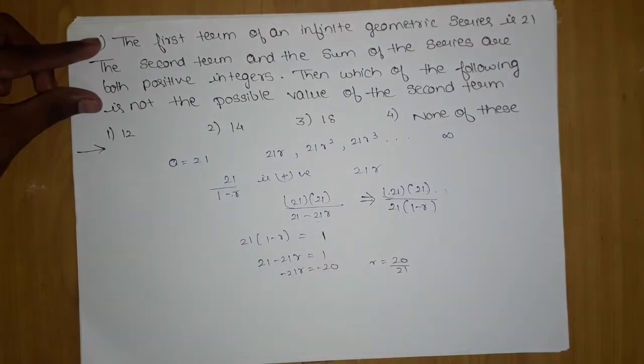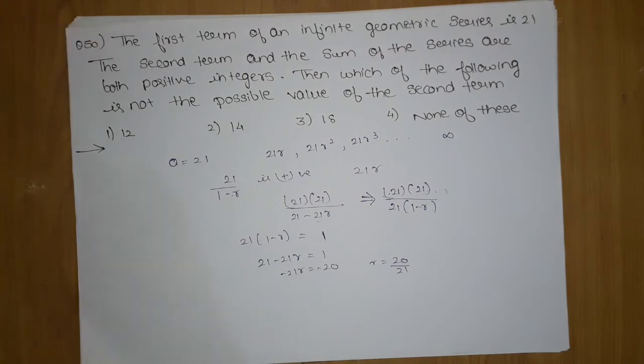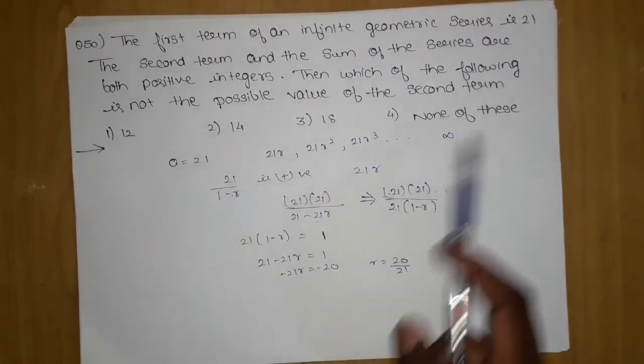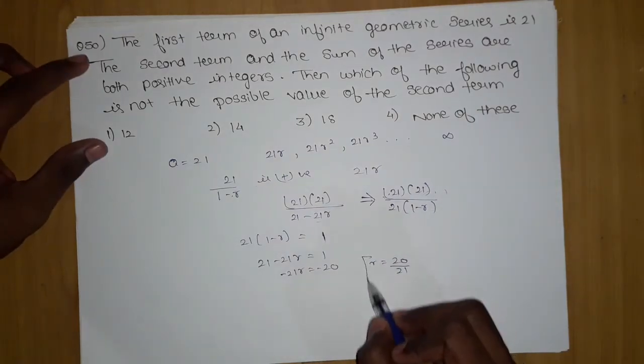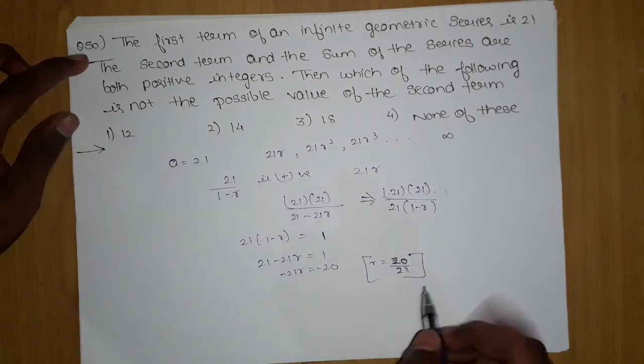Now it is right because it is less than 1, which is also a proper condition for an infinite GP, and it is positive also. So three conditions are satisfied: first, it is less than 1; second, the GP condition; and third, that 21r is positive. So this value is right.